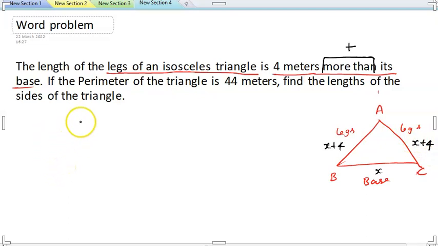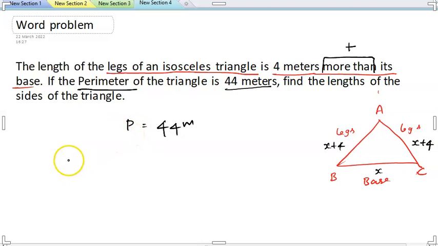Yeah. And if the perimeter of a triangle is 44 meter, we are given the perimeter value as 44 meter. Find the length of the sides of a triangle. We are asked to find the length of the sides. The main purpose is to find the x. Here the perimeter, what is the perimeter?